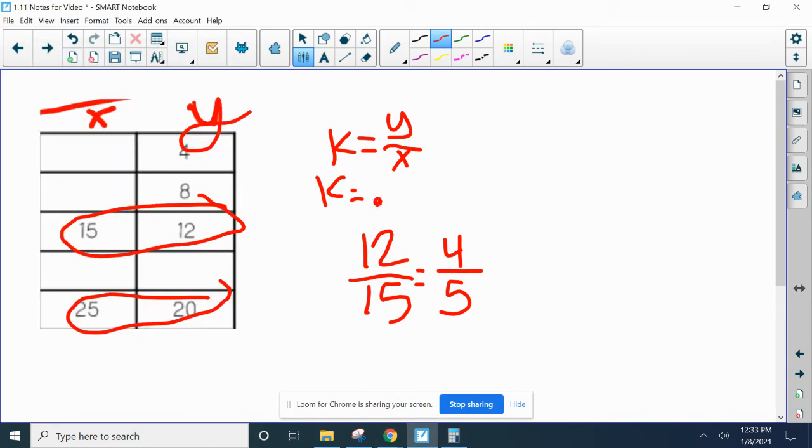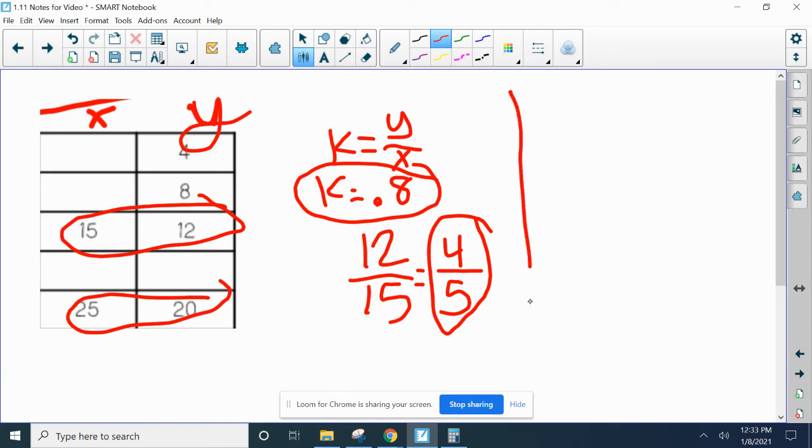Yep, 8/10. So our k is 8/10. That's what we're going to put at the bottom. You could have used this, could have used this. But we're going to go ahead and use our formula, y equals 8/10 times x, to find our missing information.